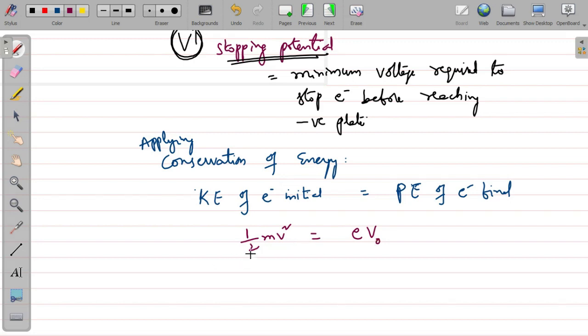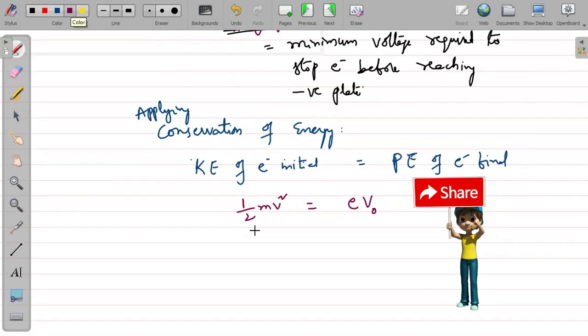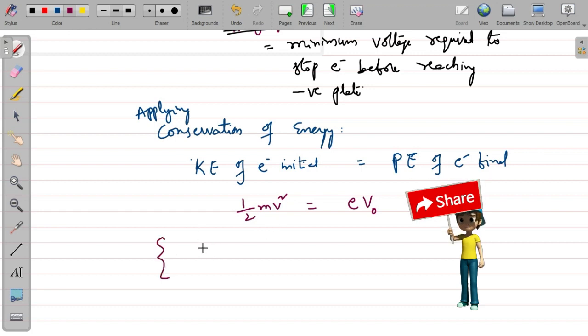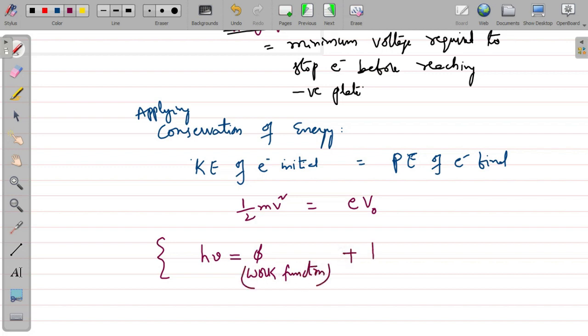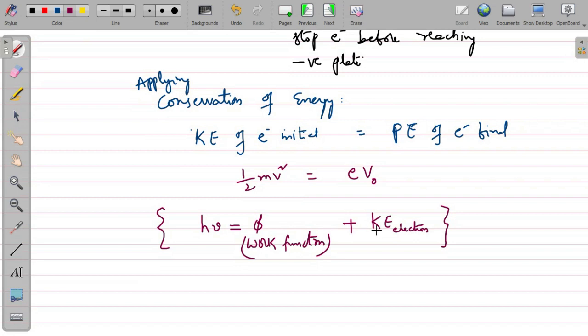Sometimes the kinetic energy may not be given directly. It may be connected to Einstein's equation, which is involved in the photoelectric effect. In the photoelectric effect, Einstein gave an equation: whatever light energy, radiation, is falling on the metal surface must be equal to the work function plus the kinetic energy of the electron. Sometimes they may not give the kinetic energy directly in a problem.